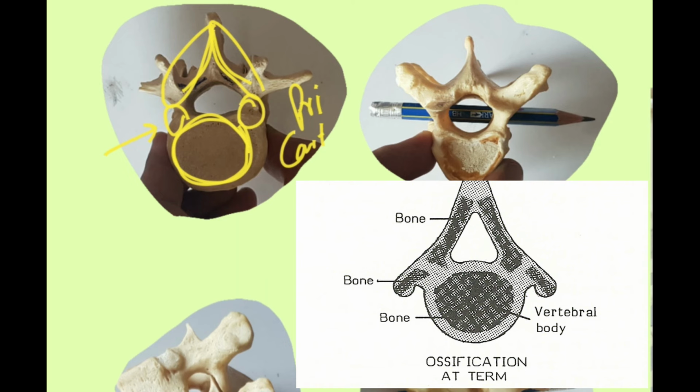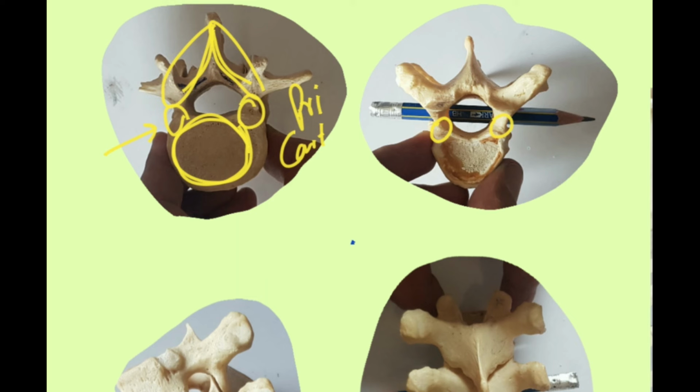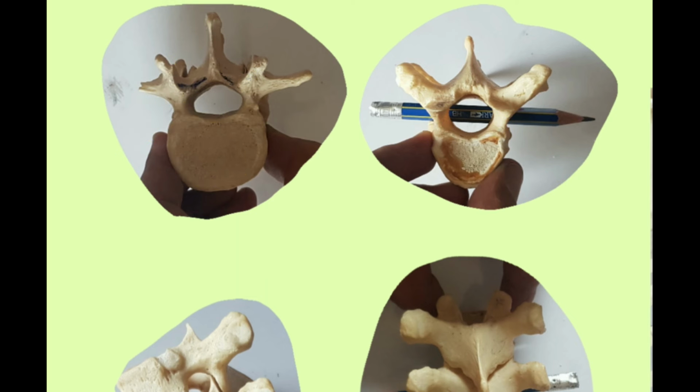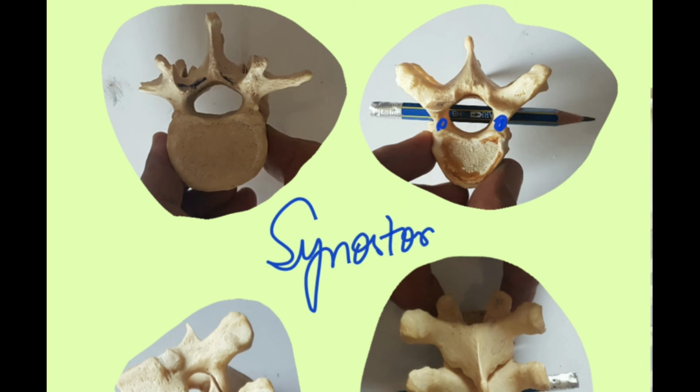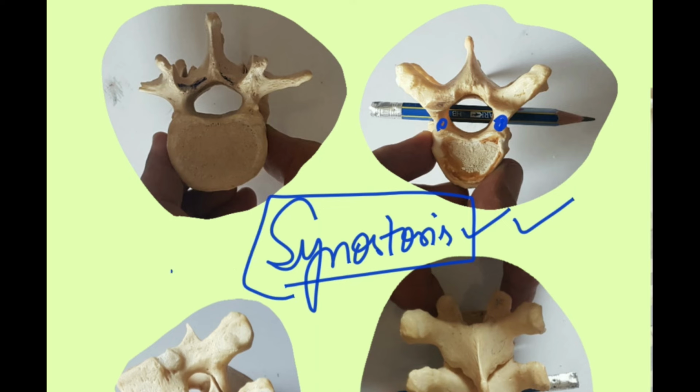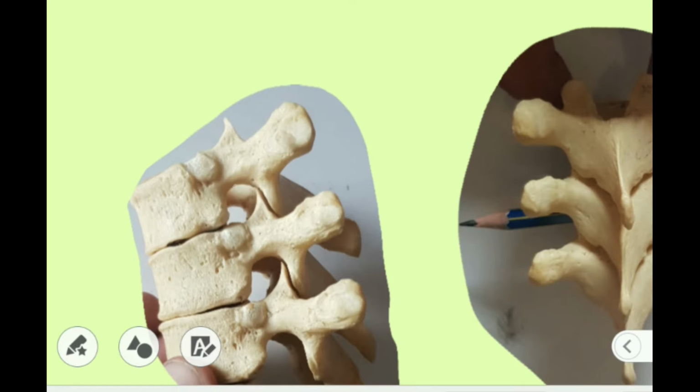So the primary cartilaginous joint is present between the vertebra during development, and after development the cartilage will ossify. Always remember, if a joint ossifies, the term is known as synostosis. Whether the joint is cartilaginous, whether the joint is fibrous, if a joint becomes bone, always remember you label it as synostosis.